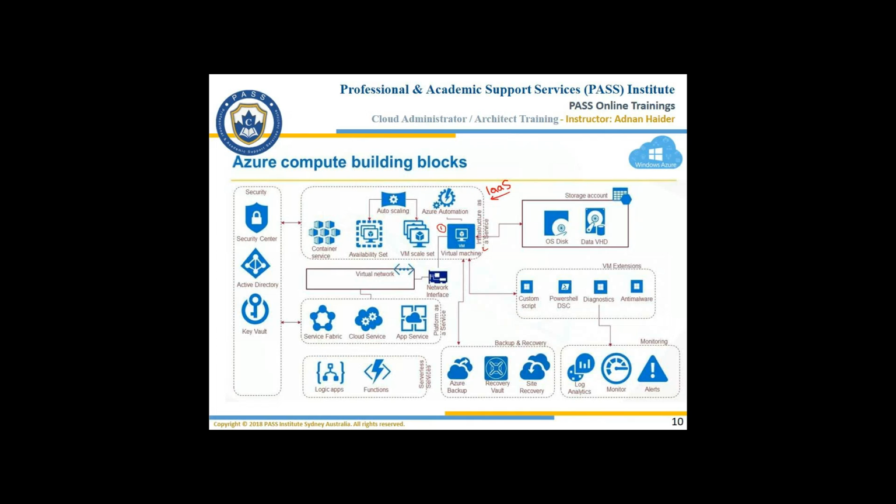Then this rectangle, this square type of shape, refers to PaaS. This is the PaaS offering, and the third one is the SaaS offering. So under compute resource, we have all three types of offering, and this is the SaaS offering.